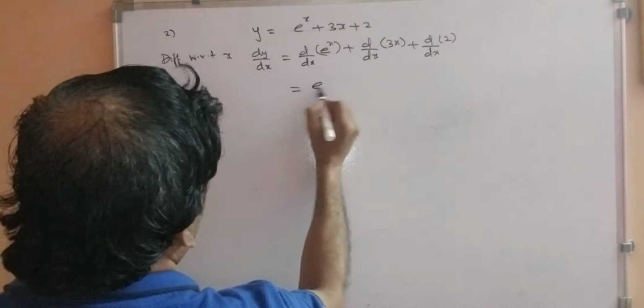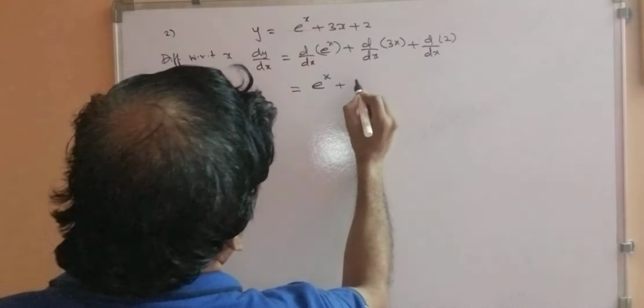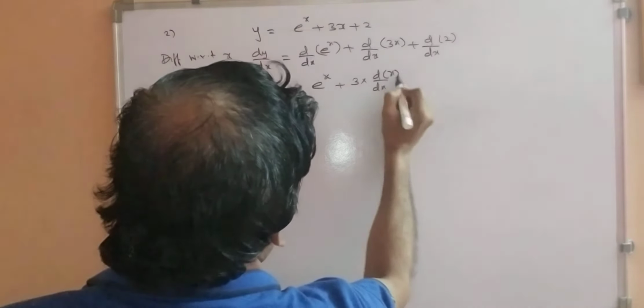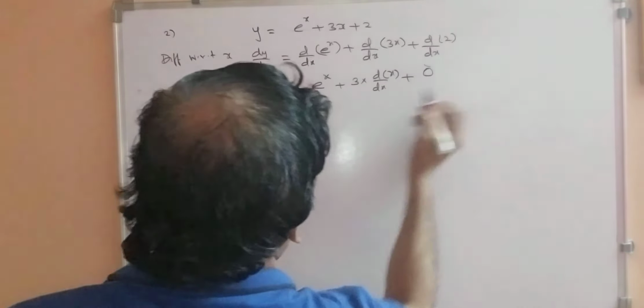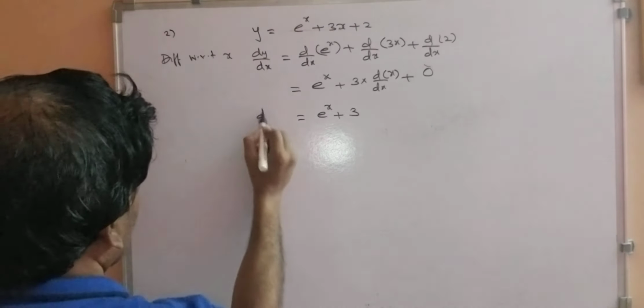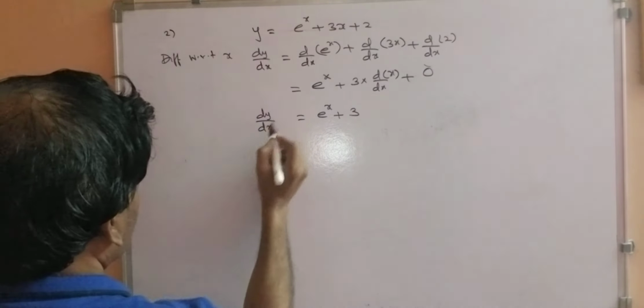So it is e to the power x plus 3 into derivative of x with respect to x plus derivative of constant is 0. So e raised to x plus 3. So it is your dy by dx.